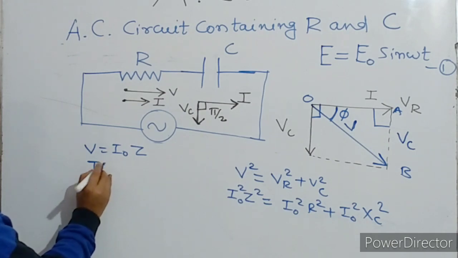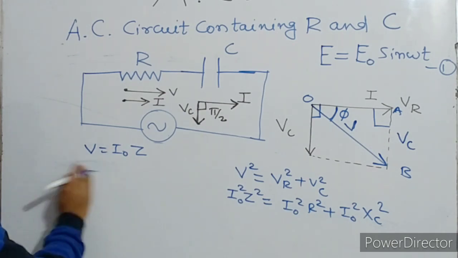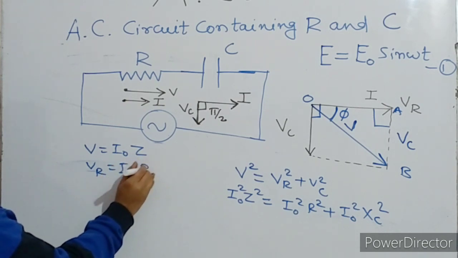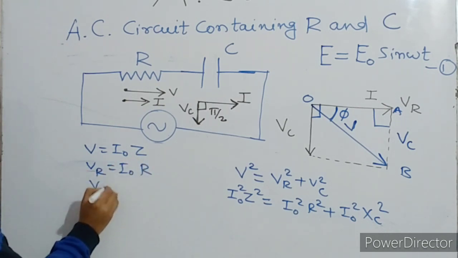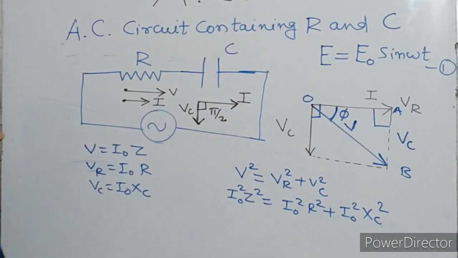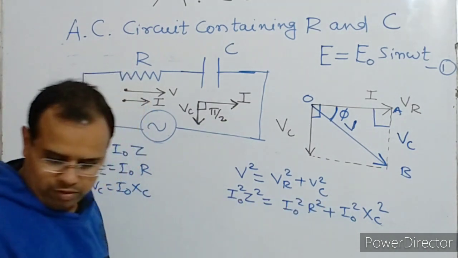VR will be I naught times R, and VC will be I naught times XC. I naught square is common and cancelled from everywhere.